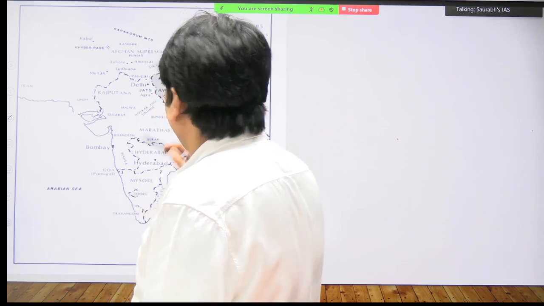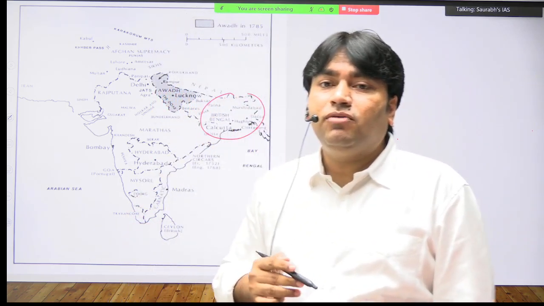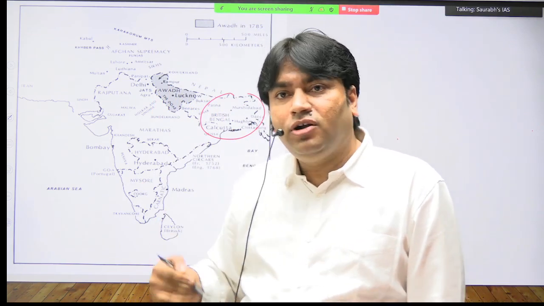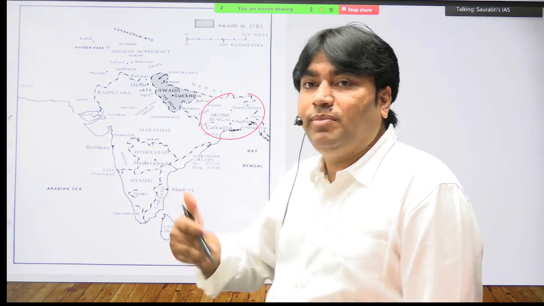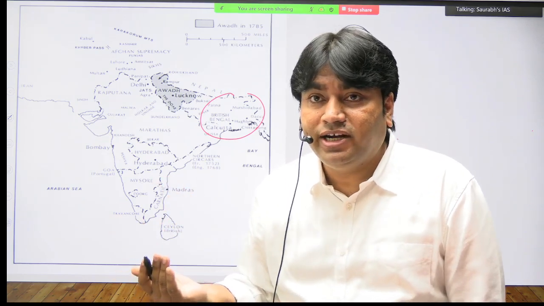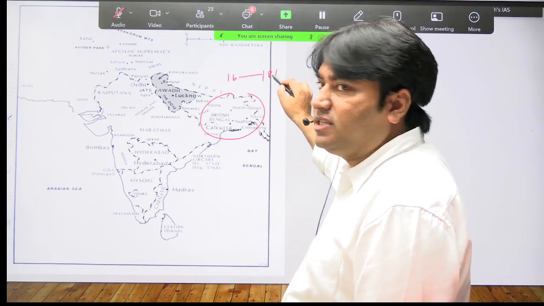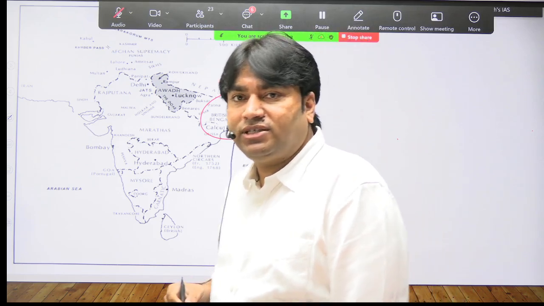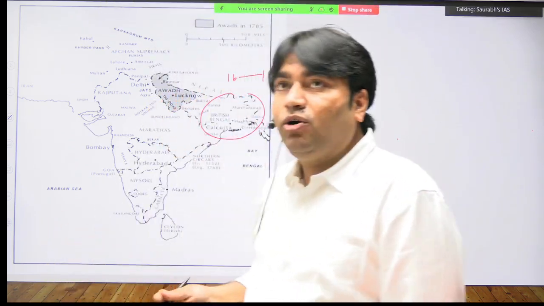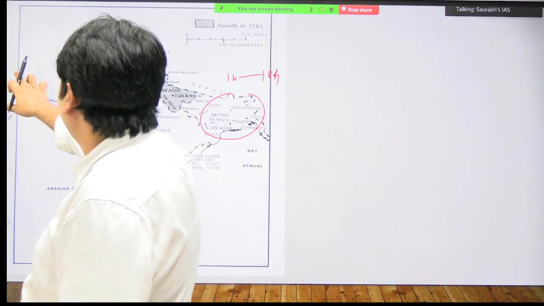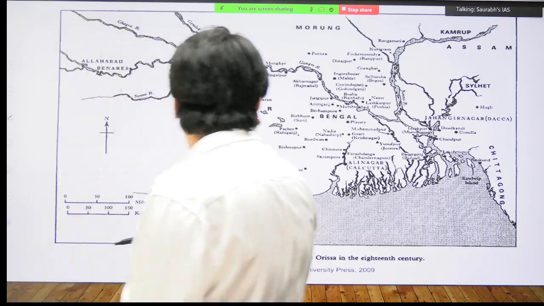This part was very fertile also. It was an important center for raw cotton, jute. ठीक है, जैसे बांग्लादेश भी तो उसका हिस्सा हो गया आज के टाइम में, राइट? And between this 16th to 18th century, Bengal was one of the rich province, ठीक है, in India, one of the most important or rich province in India.